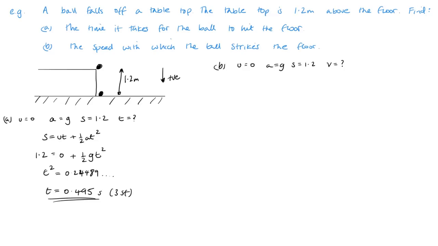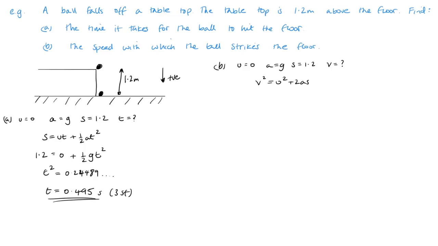Sometimes I've got no choice, but if I can help it, I'd rather not, because then I don't compound my mistakes later on in the question, if I made a mistake. So what has u, a, s and v in it? That is v squared equals u squared plus 2as.